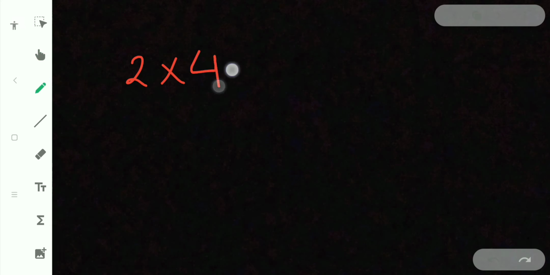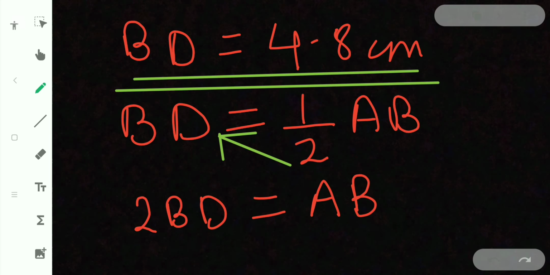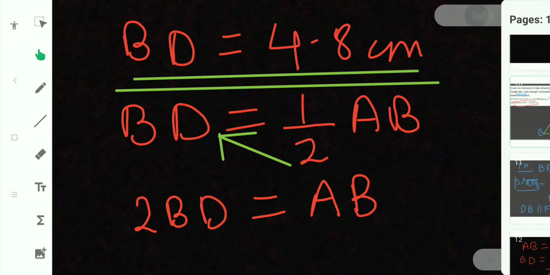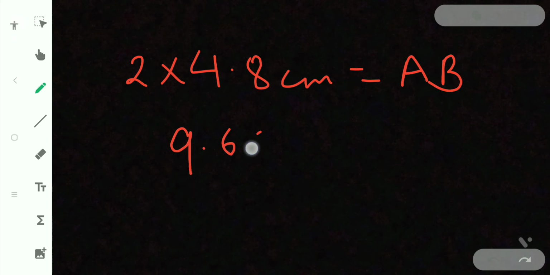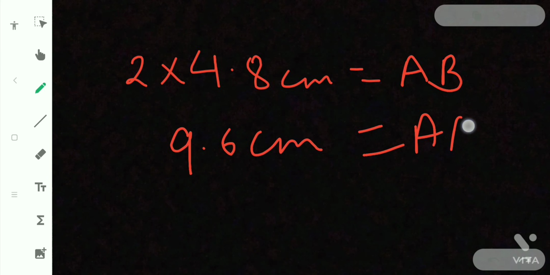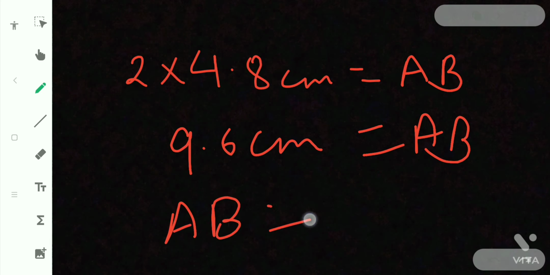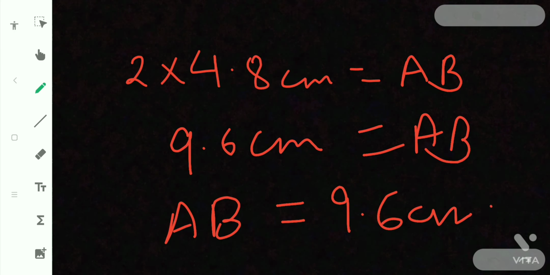So 2 into 4.8 centimeter is equal to 9.6, that is nothing but AB. So AB will be equal to 9.6 centimeter.